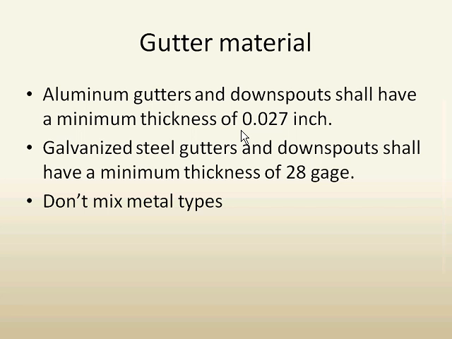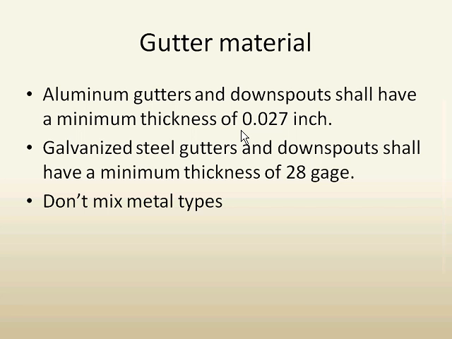I will mention that in some parts of the country, you can see wood still being used for gutter, and the standard does call for, if you have a wood gutter, for it to be free of knots. Some other gutter materials that are used, you can see copper gutters.